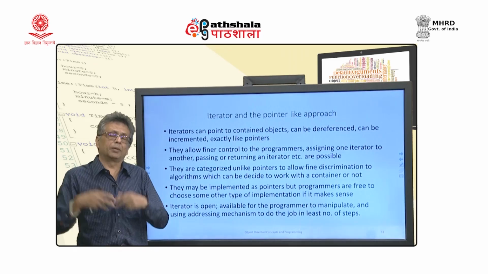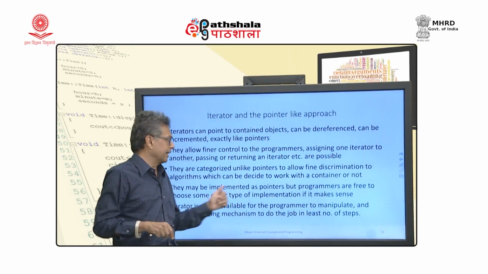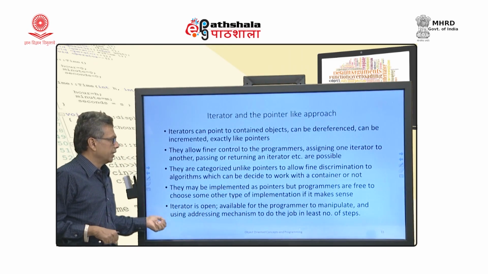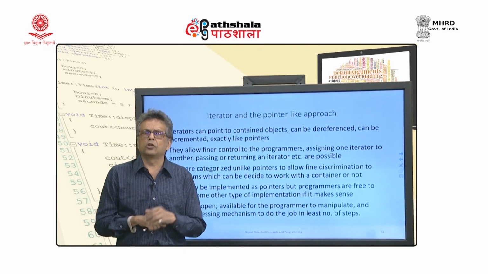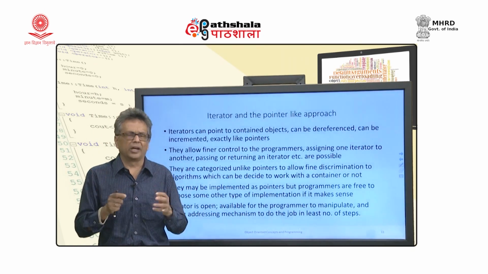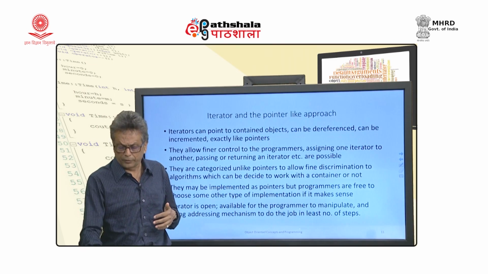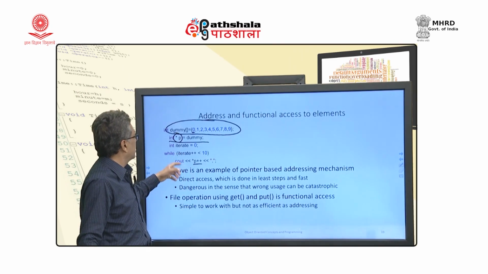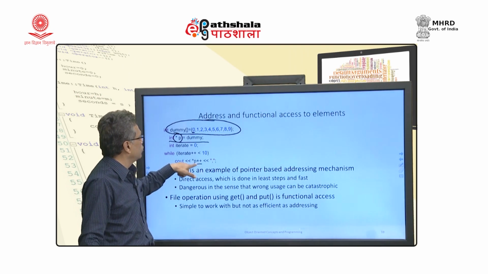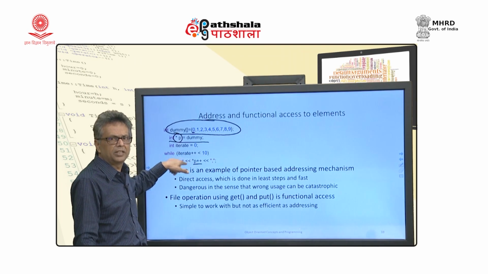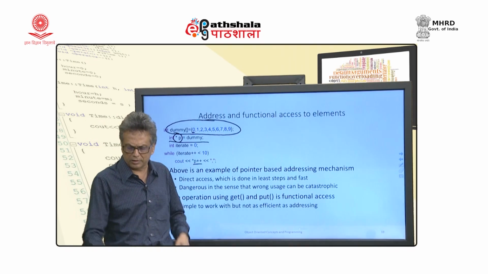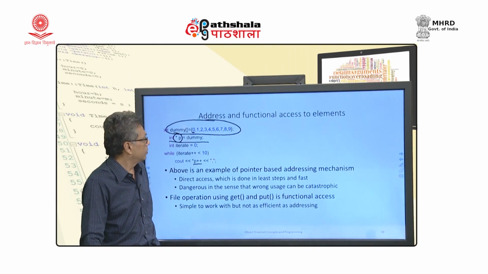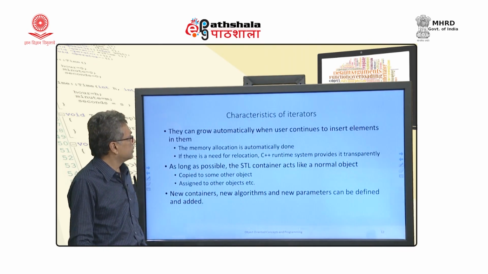So the programmer can manipulate iterators. Second, using the addressing mechanism, the job is done in the fastest way. In the earlier case, the previous slide, I just use a single statement to jump to the next element and print it. I do not need multiple statements. That is what is available with us.